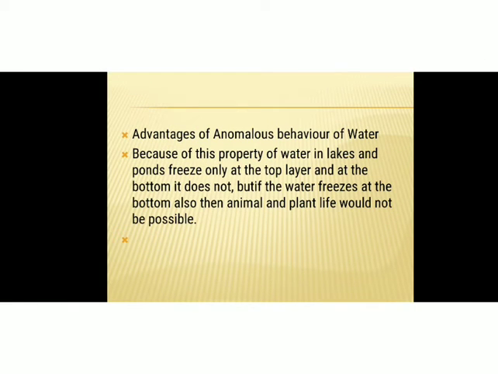Now, what is the advantage of this anomalous behavior of water? Because of this property of water, lakes and ponds freeze only at the top layer and not at the bottom. If the water froze at the bottom also, then animal and plant life would not be possible, isn't it? So due to this anomalous behavior, the water in lakes and ponds freezes only on the top layer of the surface.